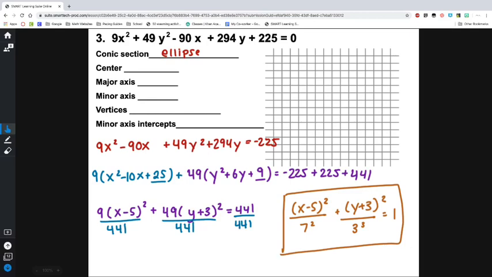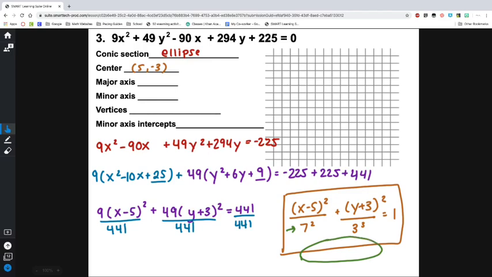If we take a look, our ellipse has a center of 5, negative 3. That comes from what's inside with x and y. Now here's the deal: major axis versus minor axis, the vertices and the minor axis intercepts. If we take a look at this equation in standard form, we see that the number under x is bigger than the number under y, which means that our ellipse is going to be longer along the x-axis than it is on the y.